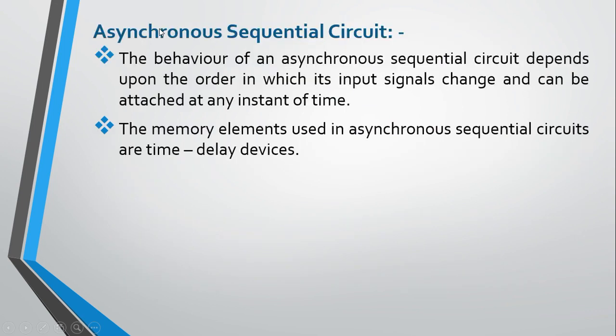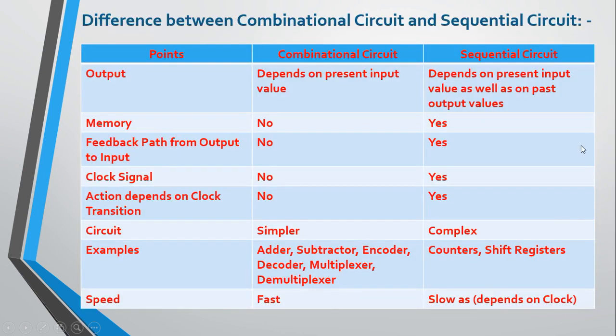Naturally it is there in the sequential circuit, but it is not available in the combinational circuit. So there is a feedback path from the output to the input in the sequential circuit, but there is no path from output to input in the combinational circuit. So over here you need to write yes, over here you need to write no.